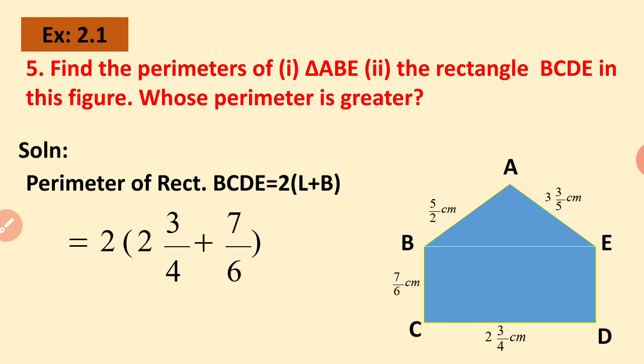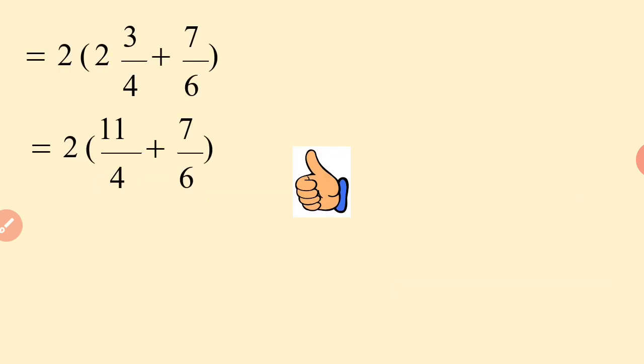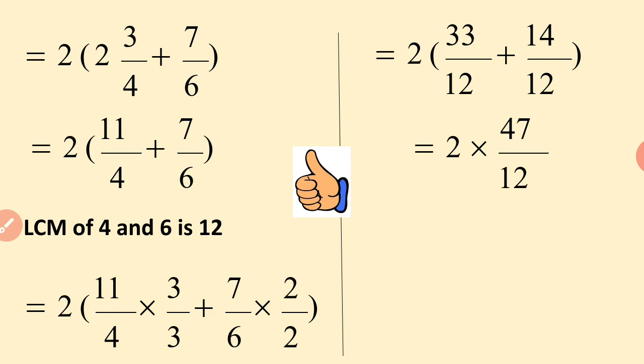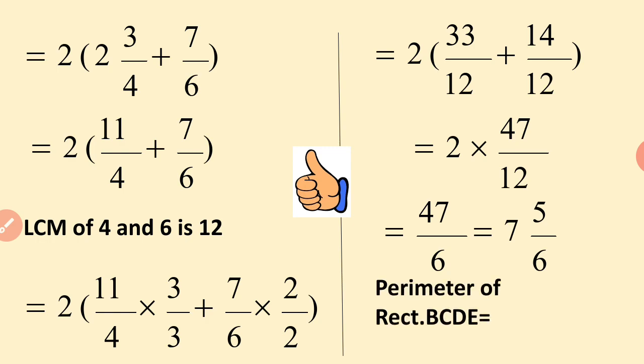If you have any mixed fraction, change it into improper and find out the LCM if needed. Here we get the LCM as 12, and let us make the denominators same. Solve the bracket and finally do the multiplications to get the perimeter of the rectangle BCDE. It is here 7 integer 5 by 6 centimeter.